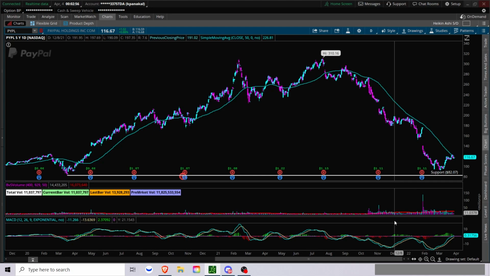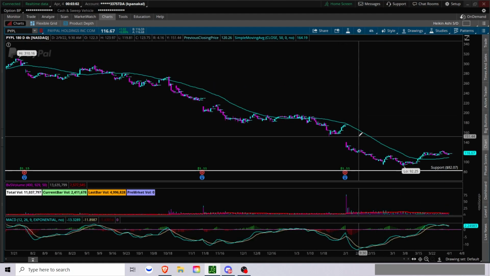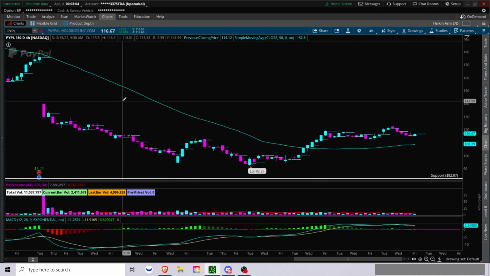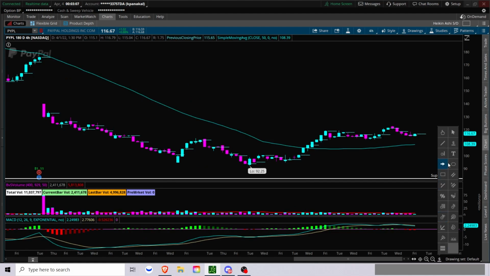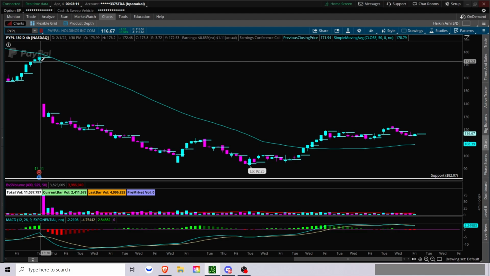So we can see that PayPal has recently gapped down, right? And since then we still have to fill this gap down, from between the price of, let's see, 172.48. Let me see if I can get my cursor there.